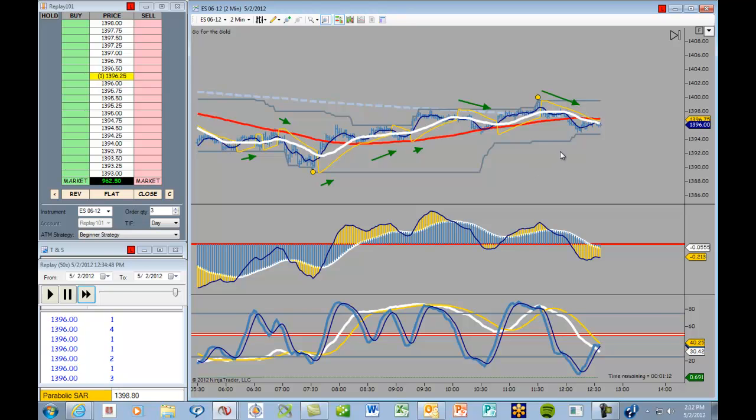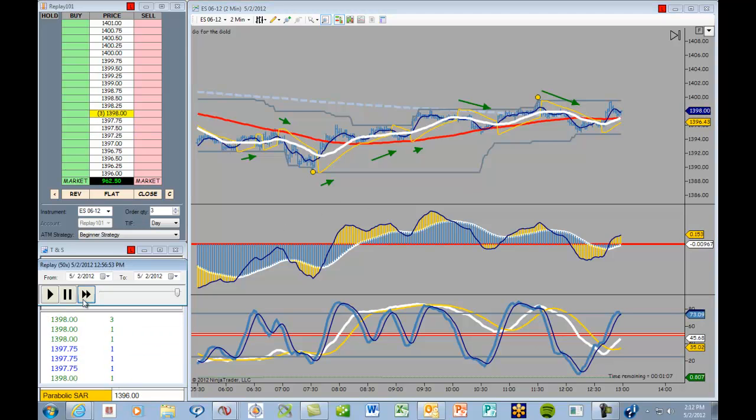Now, it's already past 12:30 on the replay clock, so I would not start another trade under normal circumstances. And not really going to get another chance to trade here, so let's just run out the clock.